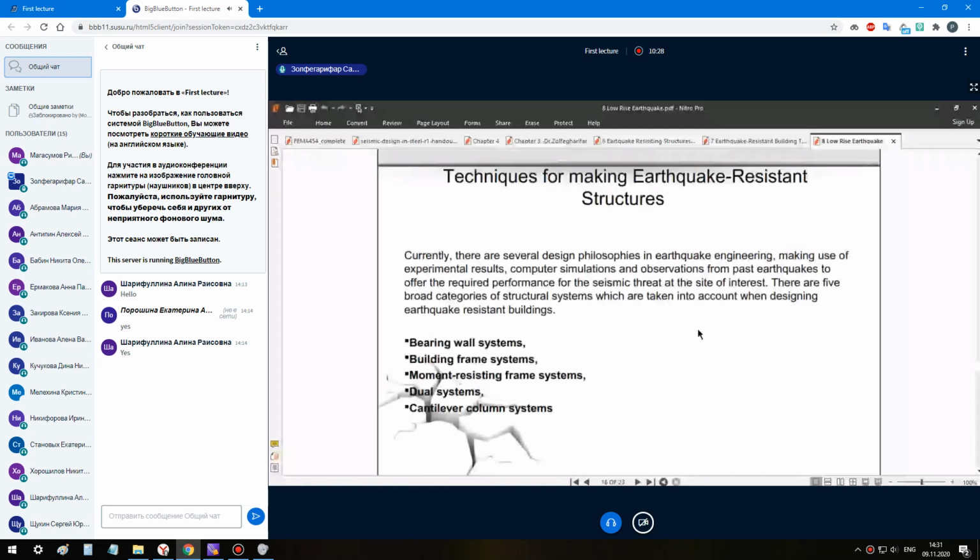As shown in these pictures, bearing wall buildings are commonly used for residential construction, warehouses, and low-rise commercial buildings of concrete, masonry, and wood construction.